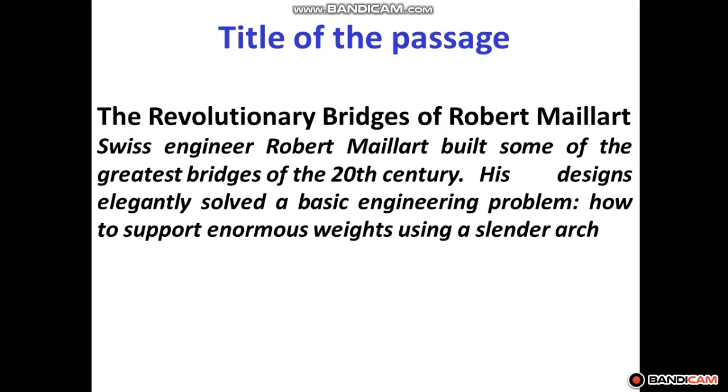His designs elegantly solved a basic engineering problem: how to support enormous weights using a slender arch. Now this is the soul of the whole passage that you will be looking at right now.